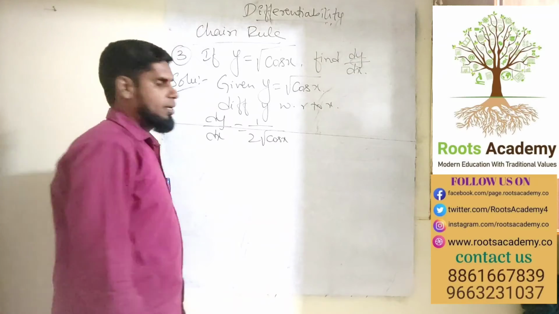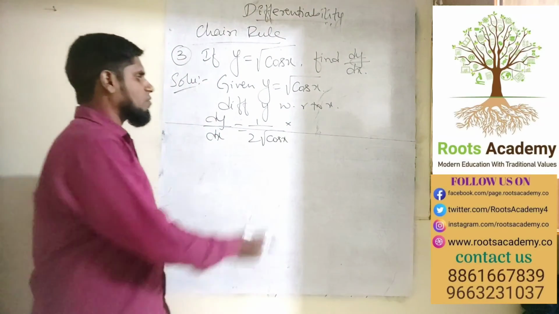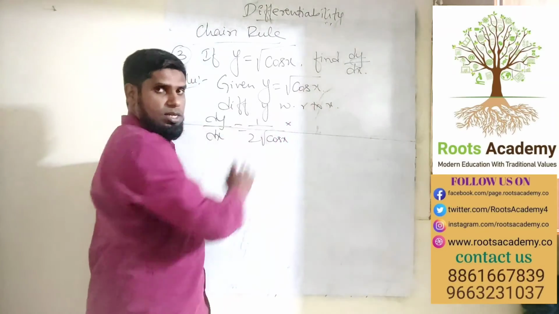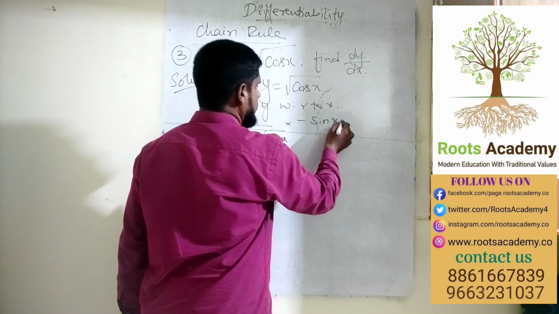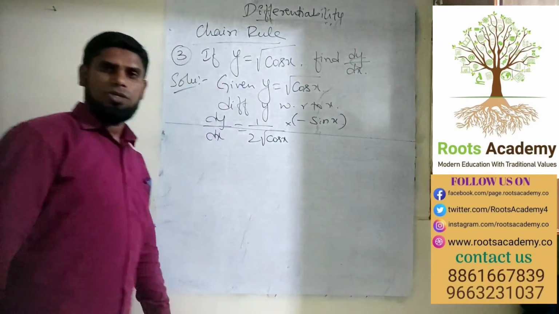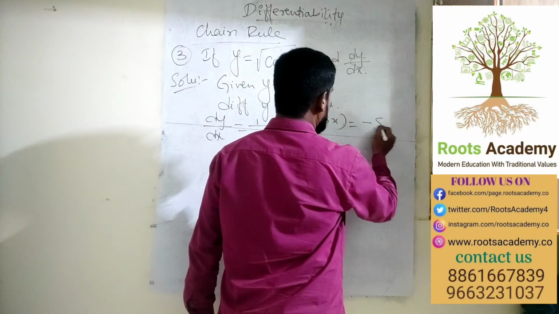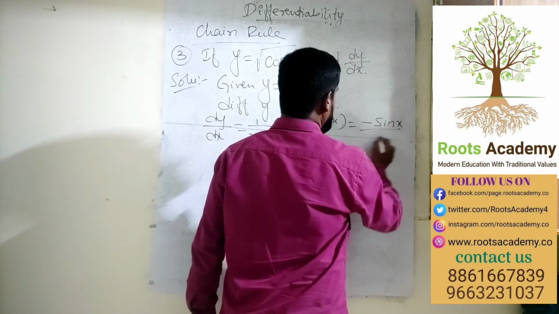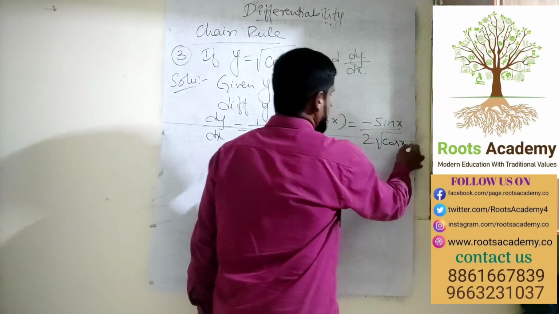Here x is cos x, into derivative of cos. Under the root there is a cos here. So its derivative is minus sin x. So what is the final answer here? The final answer is minus sin x divided by 2 into root cos x.